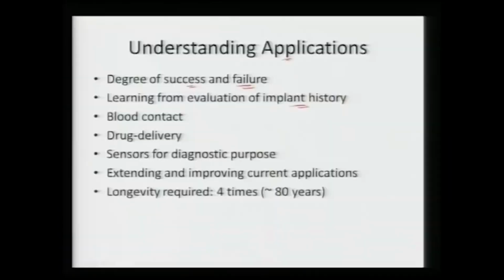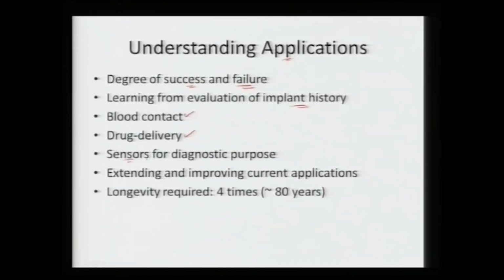Again, there are certain criteria which become very critical, such as blood contact. If a device is coming in contact with blood, there might be thrombosis or certain inflammation which can release into the nearby adjacent tissues. It can also be drug delivery for the controlled release of certain drugs into certain areas. It can also be utilized as a sensor for diagnostic purposes.